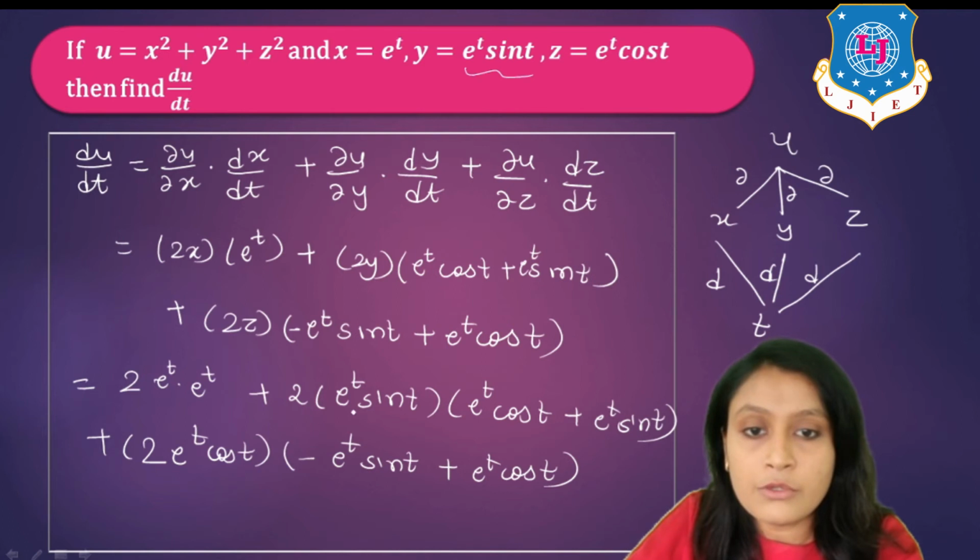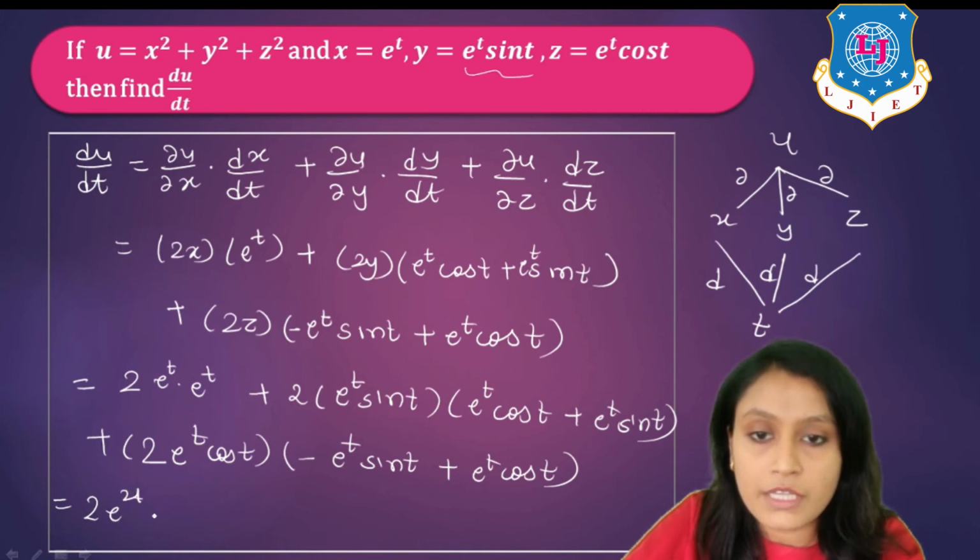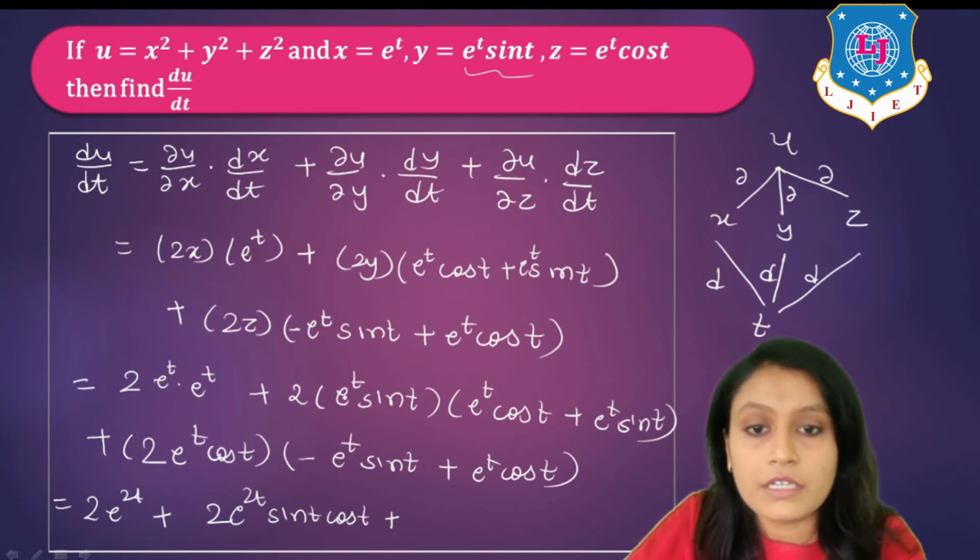So what you will do, we have to just multiply this over here, right? So what you will get here? 2 e raised to 2t plus 2, now e raised to t into e raised to t. So it will give you e raised to 2t and sin t cos t. Okay. Plus, now here e raised to t sin t into e raised to t sin t, and with this 2, so it will give you 2 e raised to 2t and multiply, so you will get sin square t.